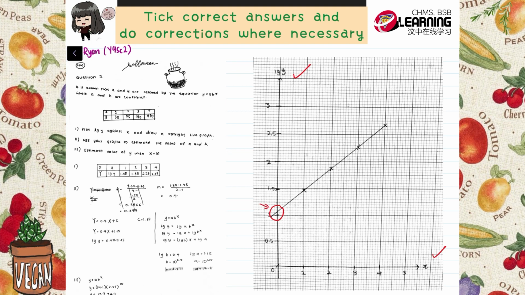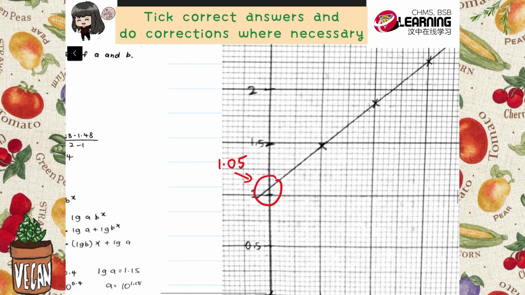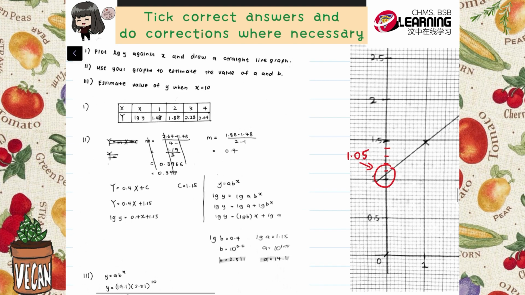If the y-intercept here is 1.05, then I will check his C. This is 1.05, because 1.1 is here, then 1.2, 1.3, 1.4. So this C over here must be 1.05 as well. This one must change because this is not 1.15.